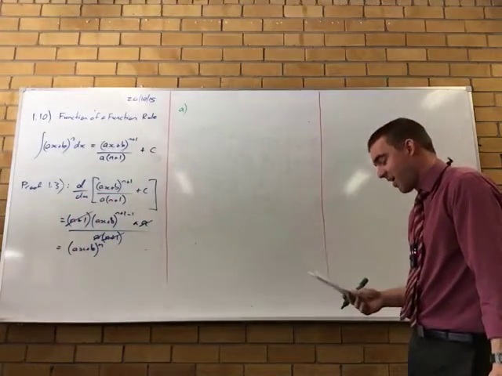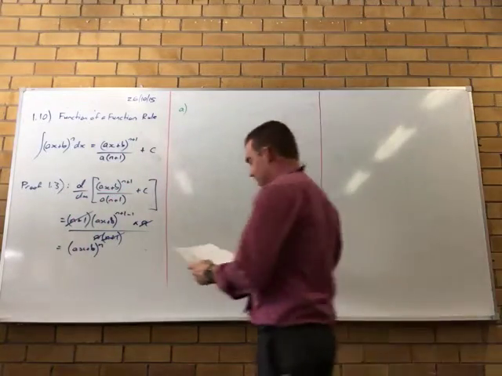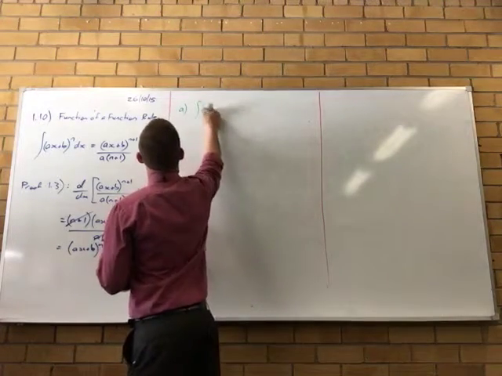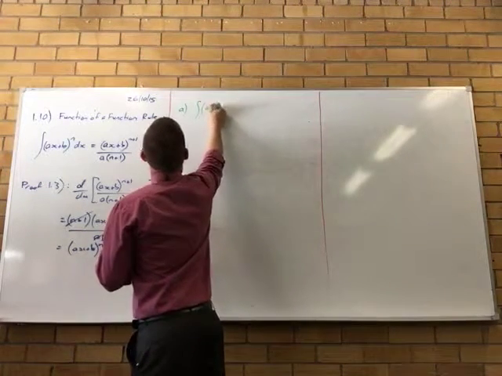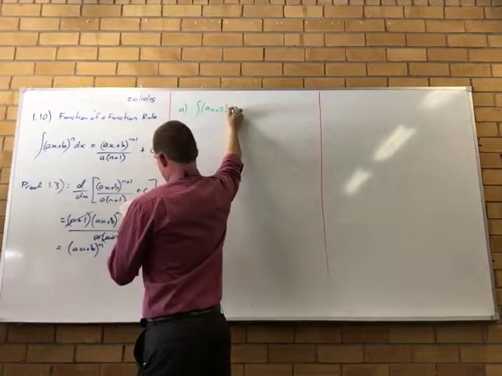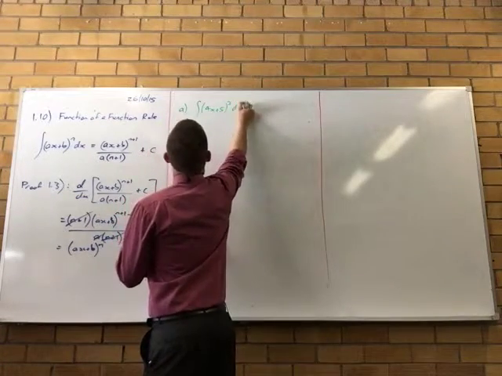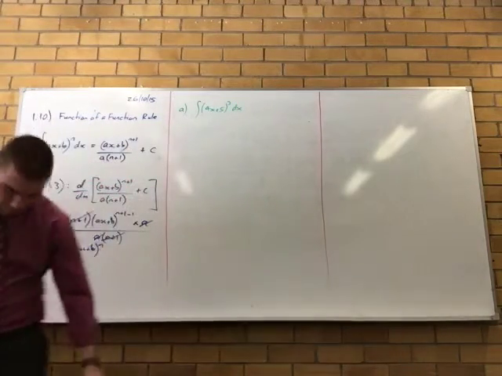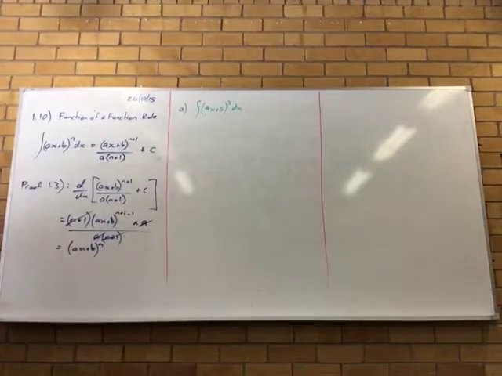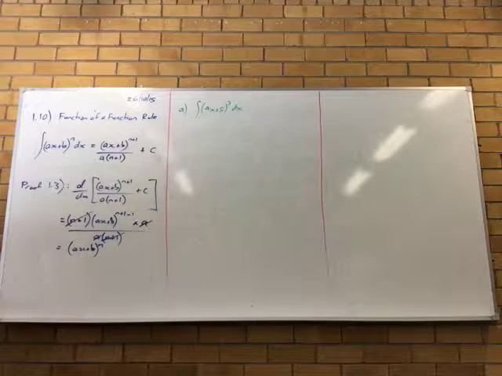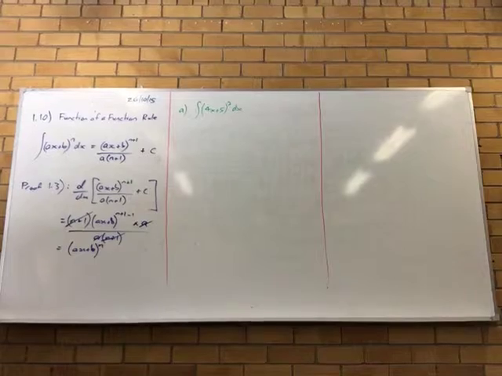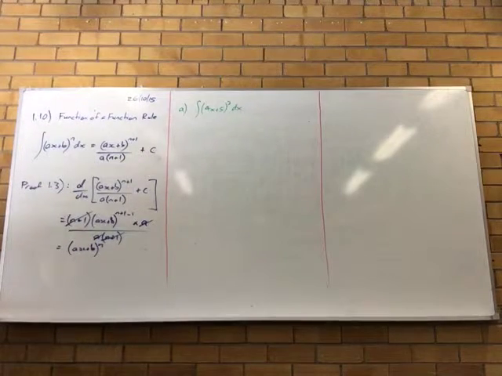Alright, so let's try some. A: the integral of (4x + 5) to the power of 3 dx. When every term is grouped by power, you could of course expand this out and integrate bit by bit.